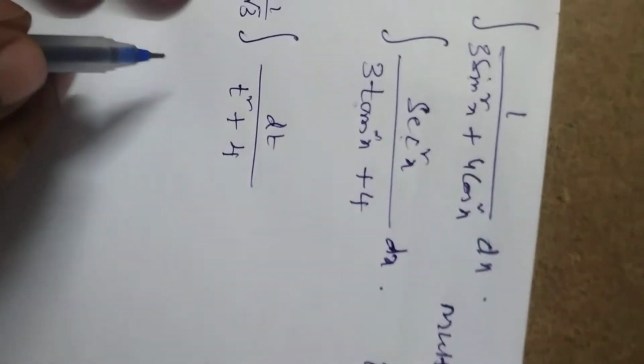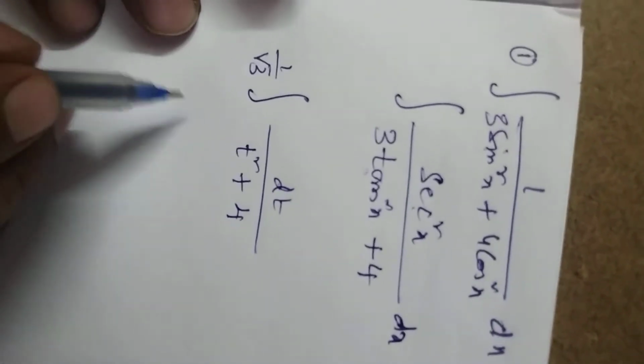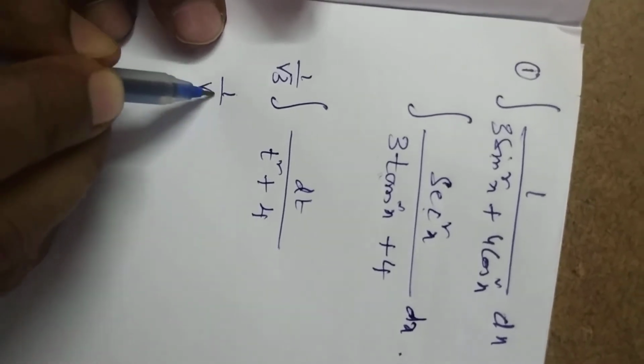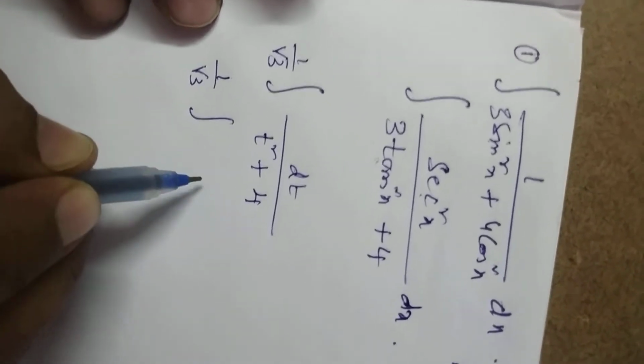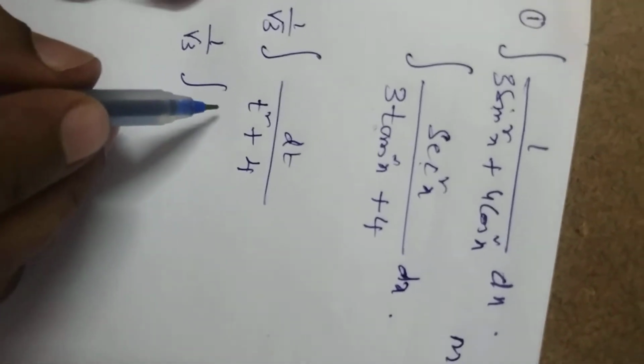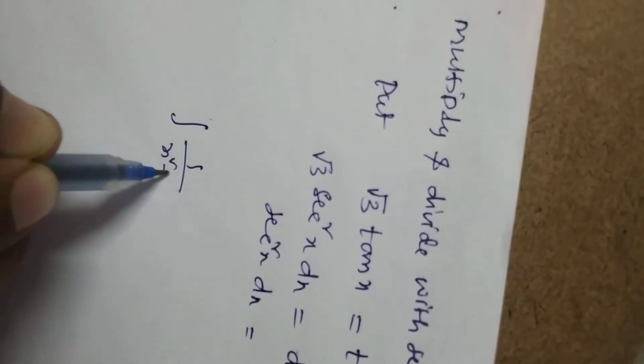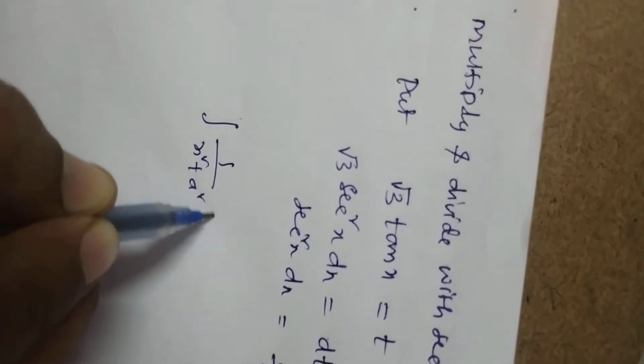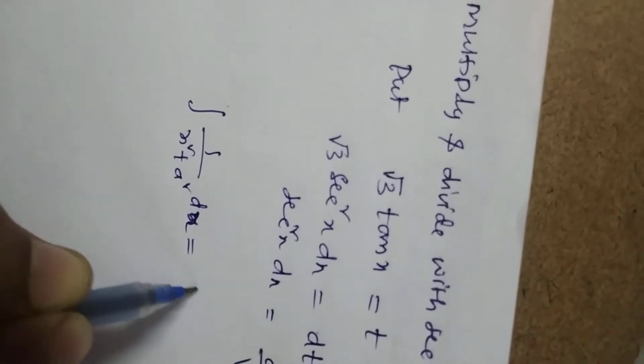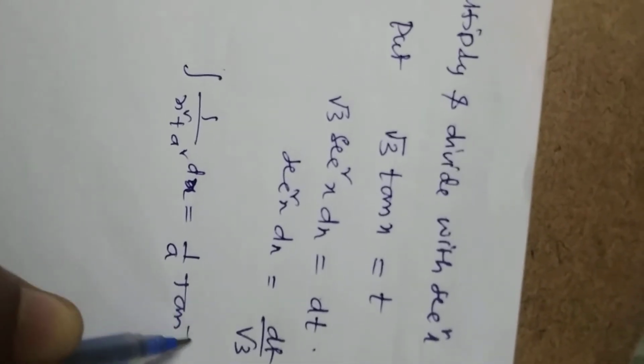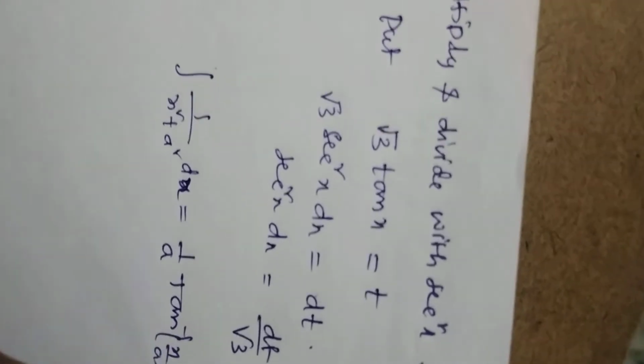So now observe this, what is this form here? So 1 by root 3 into, it is in the form of 1 by x square plus a square. What is the formula here? Integration of 1 by x square plus a square dx is equal to 1 by a tan inverse of x by a, plus c.